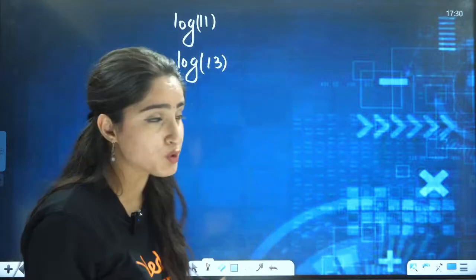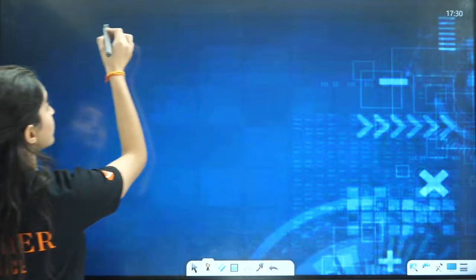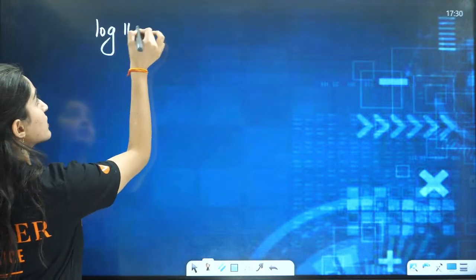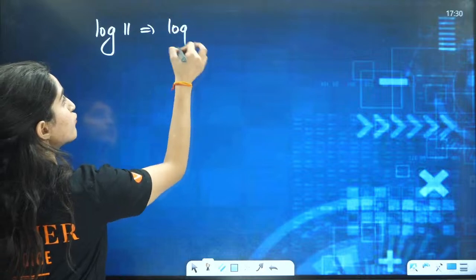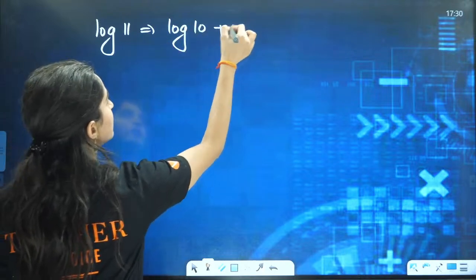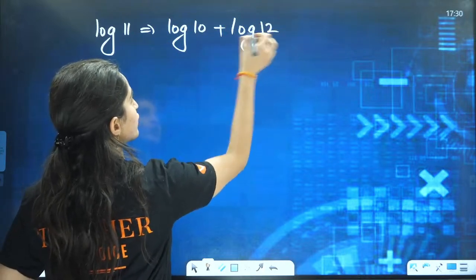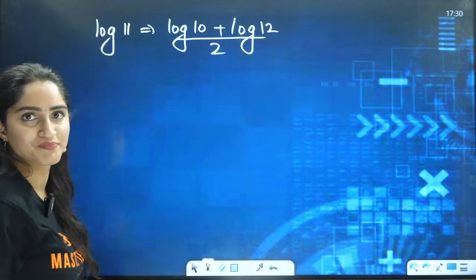But still, I am telling you just in case, because we don't want to take any risk. So, you can say log 11 is the average of one value less, that is log 10, and one value more, that is log 12.